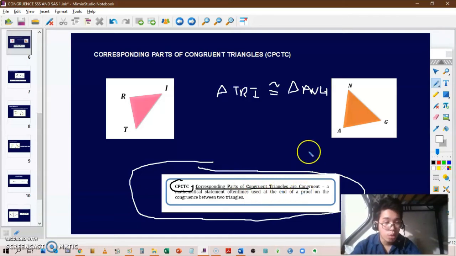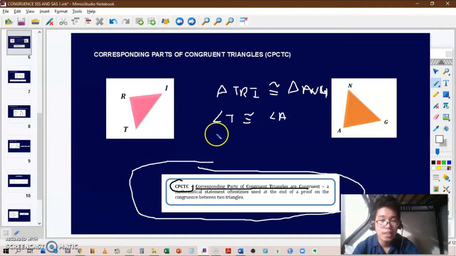Based on that postulate, we can say that since triangle TRI is congruent to triangle ANG, angle T is also congruent to angle A.